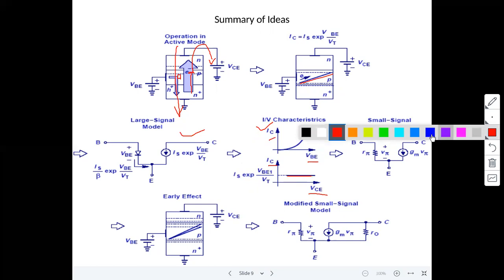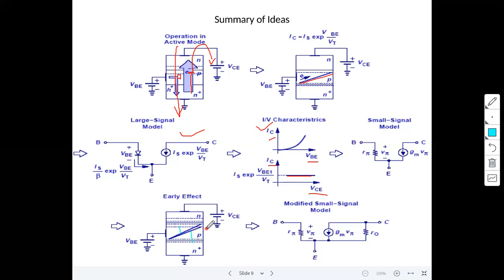The dotted line represents the region up to which the transistor is in saturation mode. Now with early effect, observe there are two lines here: the first one is without early effect and the second one is with early effect.